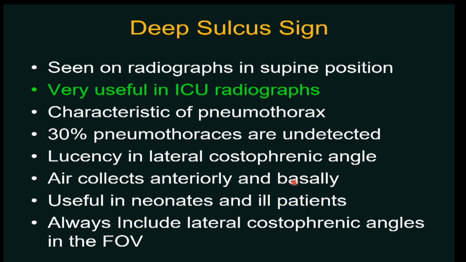Deep sulcus sign. These signs are usually important in ICU settings and neonatal chest radiographs, which all of us know are challenging and not easy to report because they are not done in ideal settings. In ICU radiographs, the patient is critical, in a non-ideal position, either supine or recumbent, with a lot of tubes and lines inside, the technician is struggling, we are struggling for reporting.